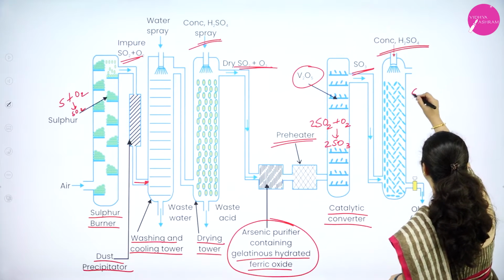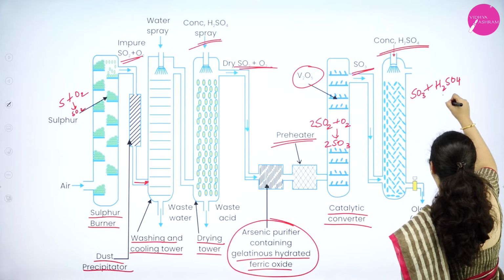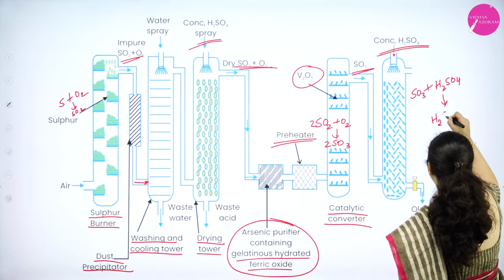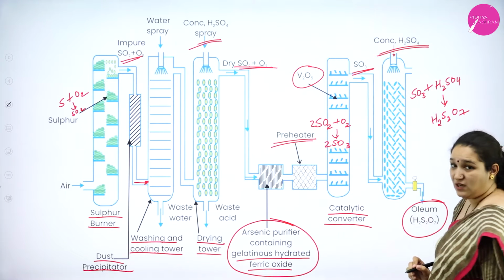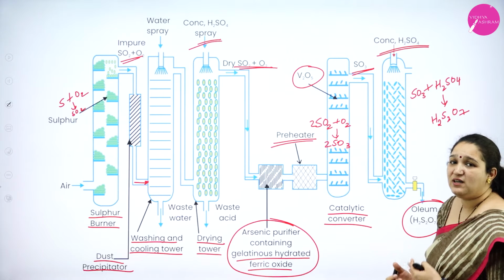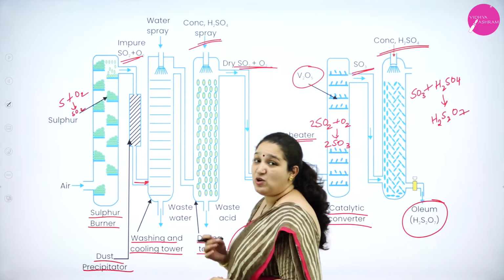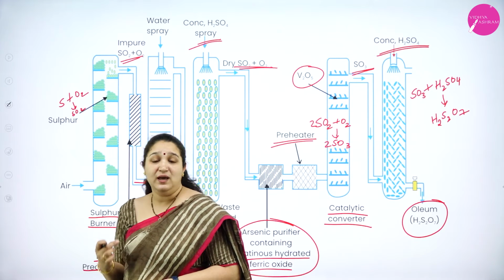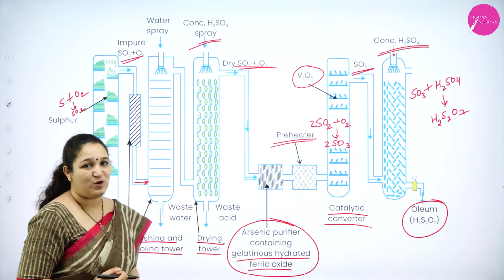So here sulfur trioxide with H2SO4 will form oleum, that is H2S2O7. Now this oleum which is obtained from here is further diluted with water to get sulfuric acid. So I hope you have understood the manufacture of sulfuric acid by the contact process.